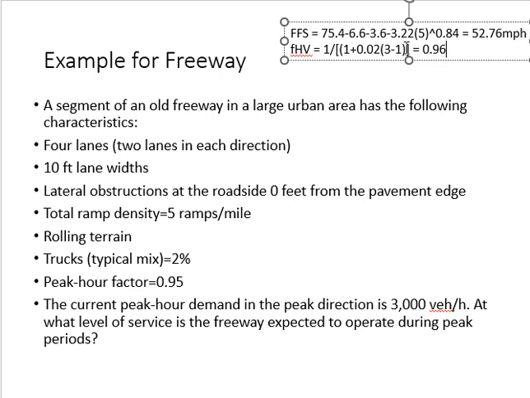Now the one before the last step is to find out the value of VP, the flow rate. Flow rate is volume divided by peak hour factor, number of lanes, and FHV.